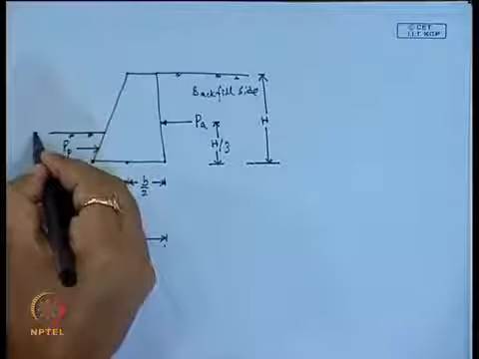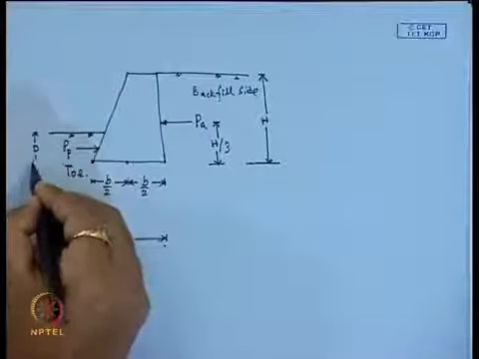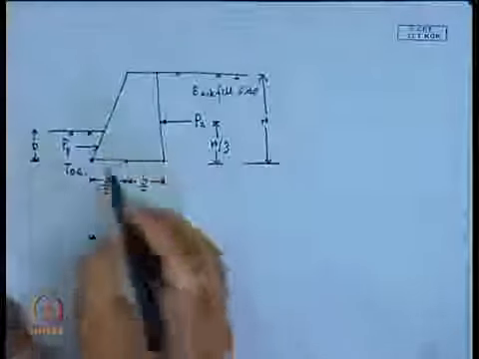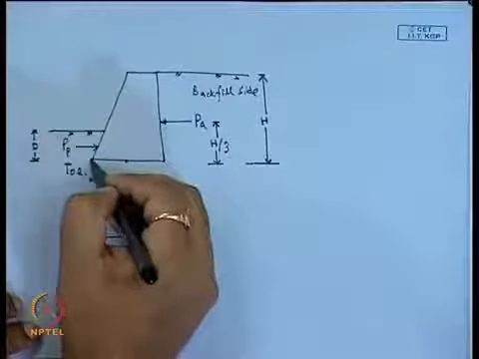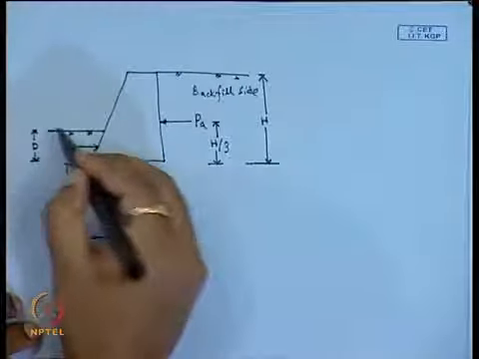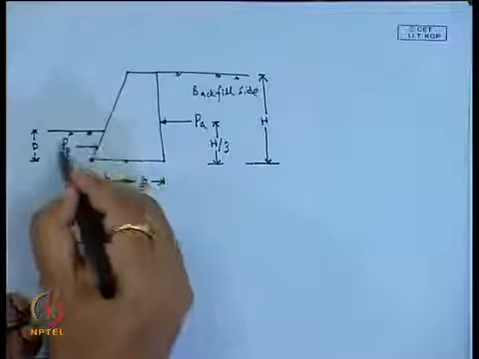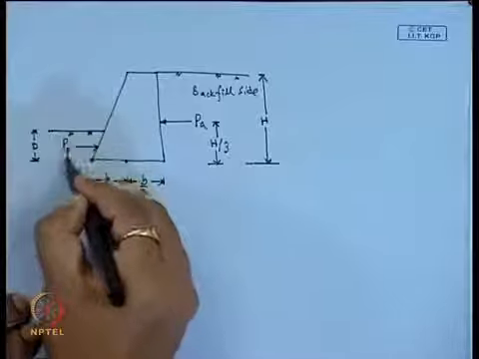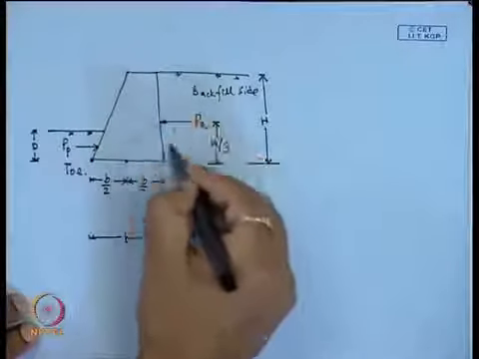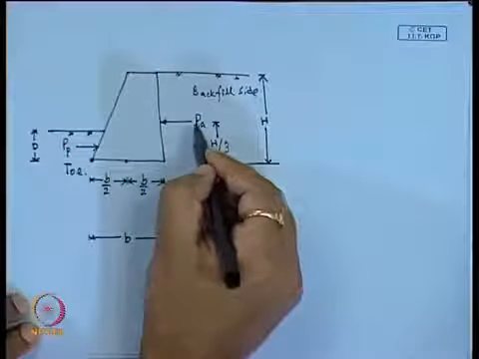Suppose the base of the retaining wall is at a depth of D from the foundation soil, where this soil will apply a passive earth pressure and this soil will apply an active earth pressure.